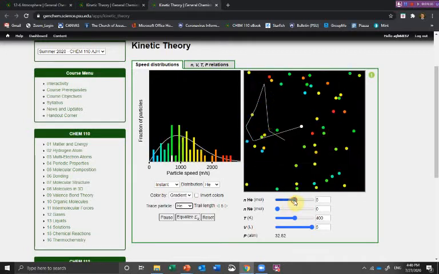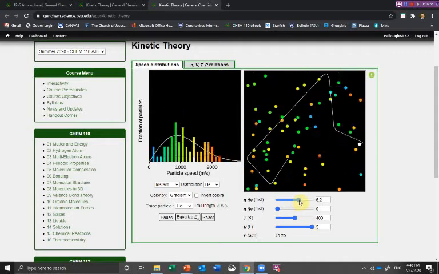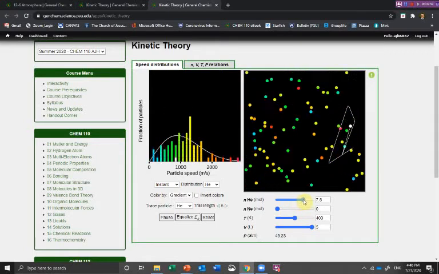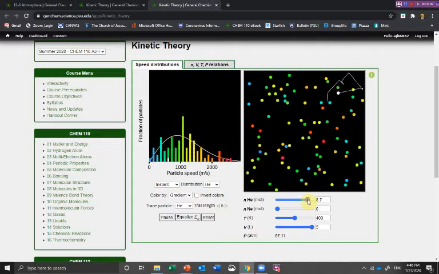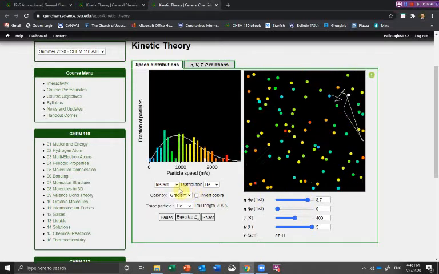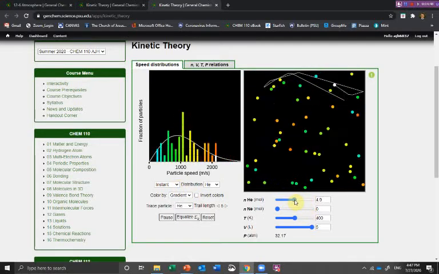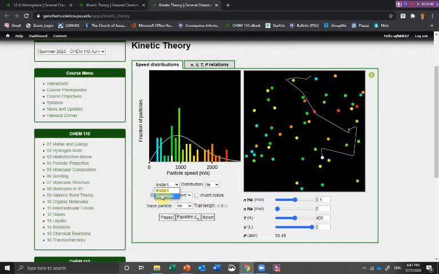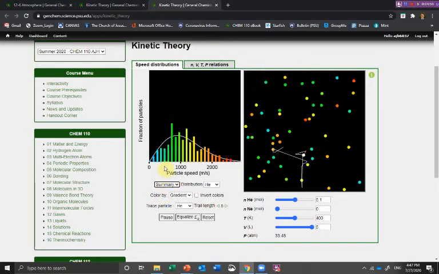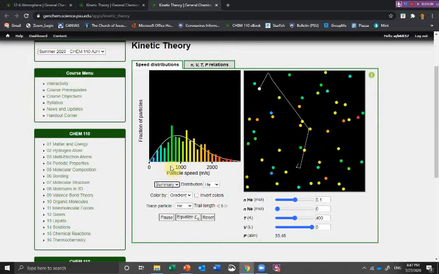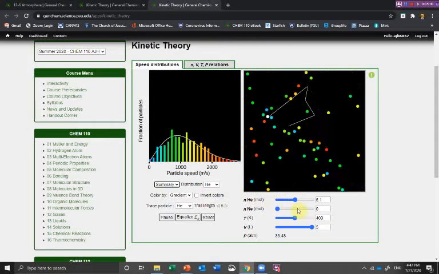If we increase the number of particles, we can see down below that our pressure is changing, but that our average speed does not change. In fact, one way to show this, let's go back to our original setting. If we sum all of the speeds over time, we can see that we get that curve.